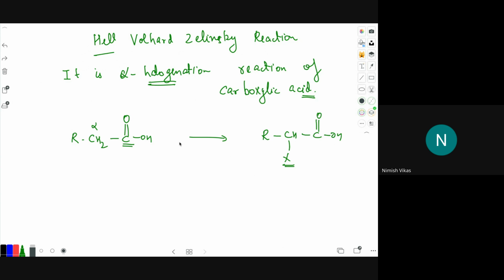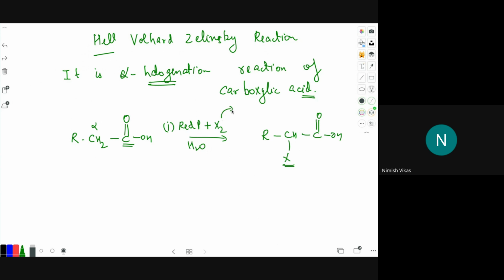What reagents do we use? Red phosphorus plus X2. Generally in exams it's this only, red phosphorus and X2. Water will also be there, but even if they don't mention water, we have to assume water will be there.